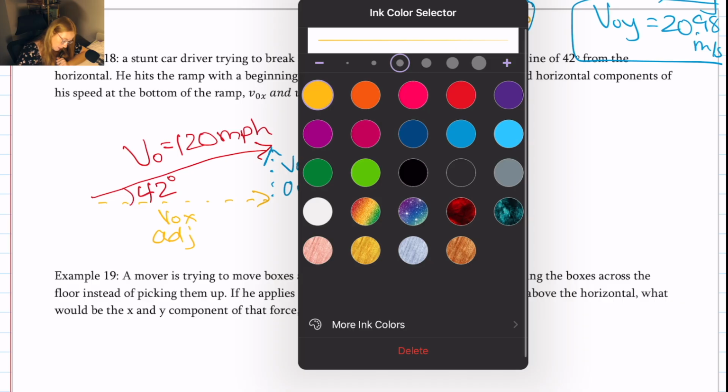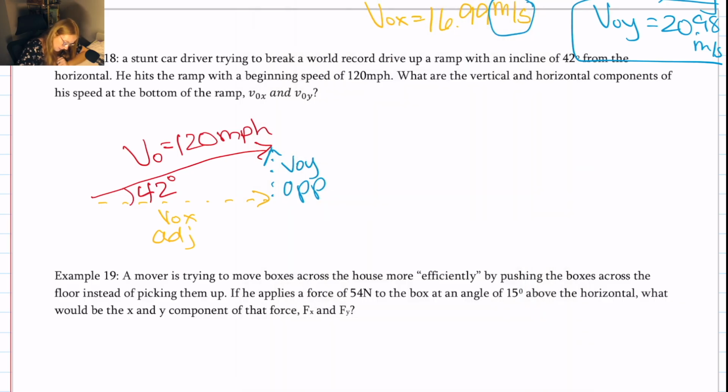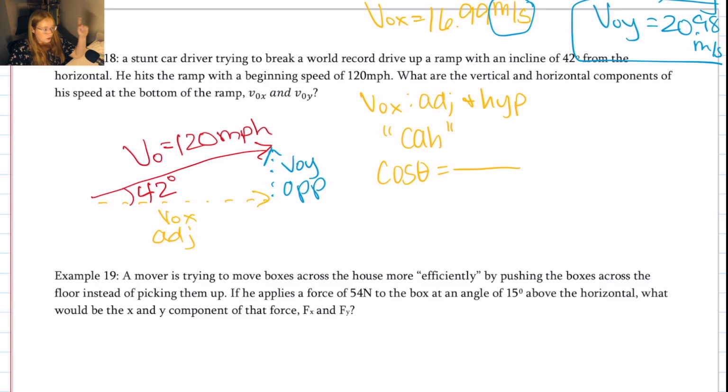Okay, let's solve for x and y. Let's start with V naught x. V naught x is adjacent, and we already have the hypotenuse. Guess what? That's another cosine. Adjacent over hypotenuse. Set up your formula, cosine, and use your variables.